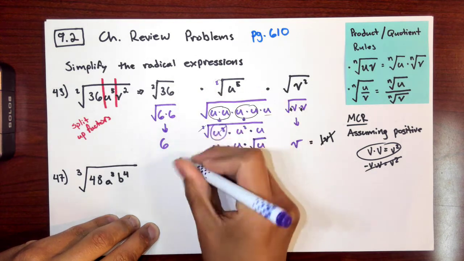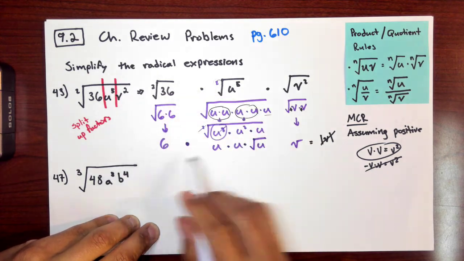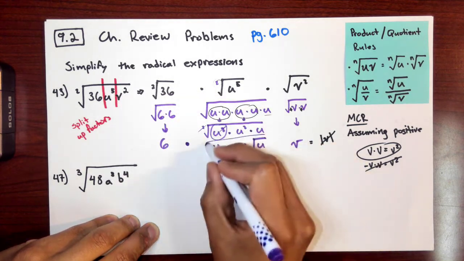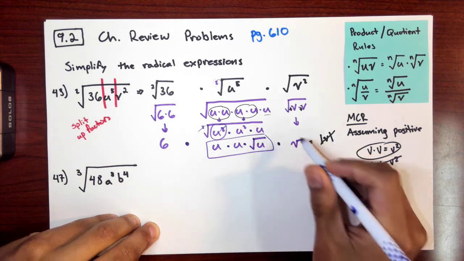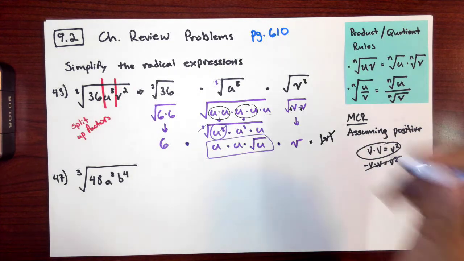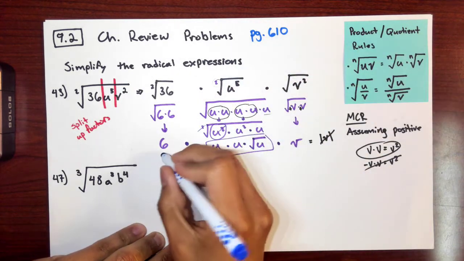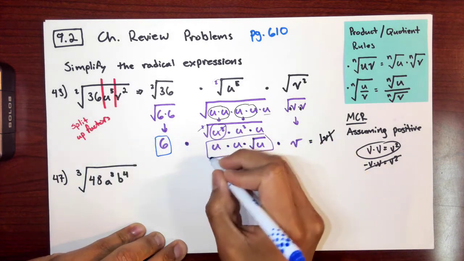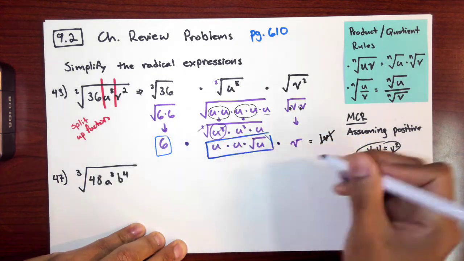Now if you notice here, we have 6, we simplified. We have this right here, we simplified, and then we have the v that we simplified. Let's go ahead and put them all together, and I'm running out of room, so I'm going to go ahead and write it up here. We have the 6, we have this, and we have the v.